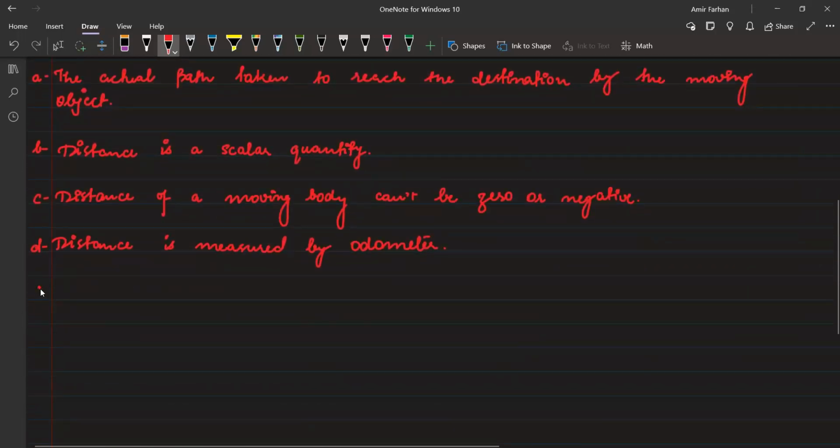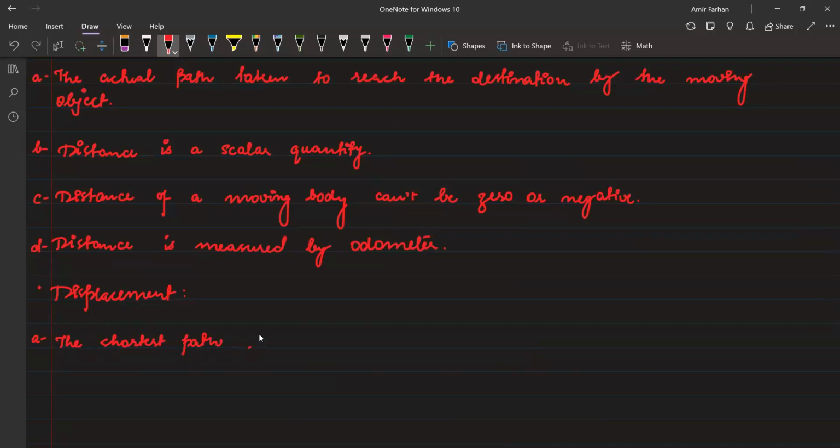If you talk about displacement, the first point about displacement is the shortest path between the initial and final point.